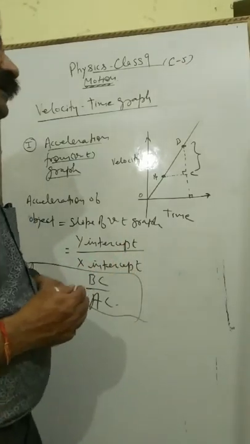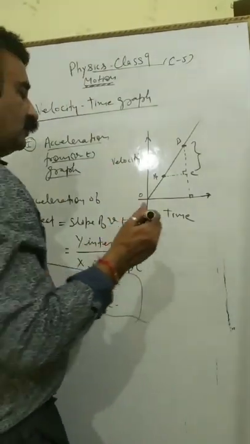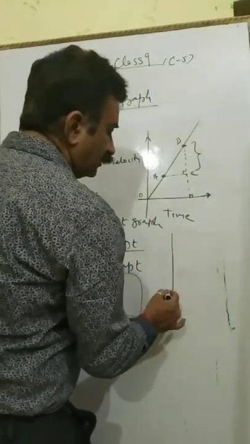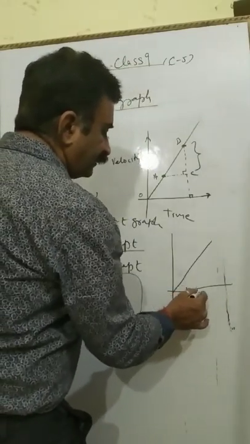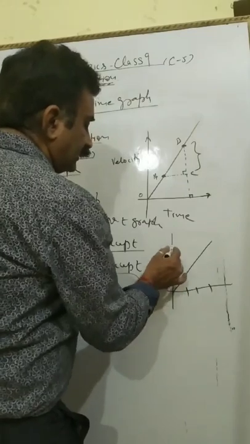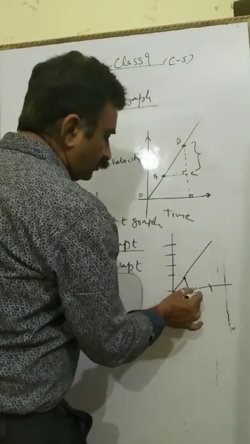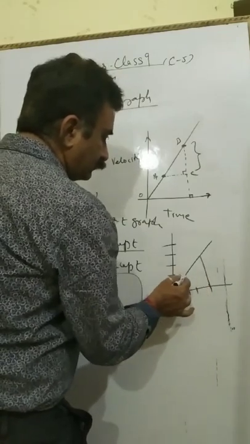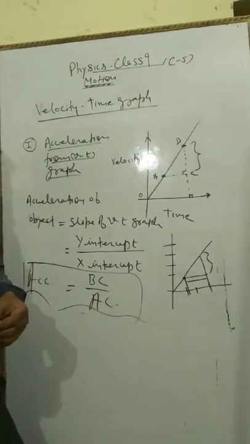You may have numericals on this topic. There you will get values, say 5, 10, 15, again 20, 40, 60, 80. You have to select 2 points here, find this and divide this.